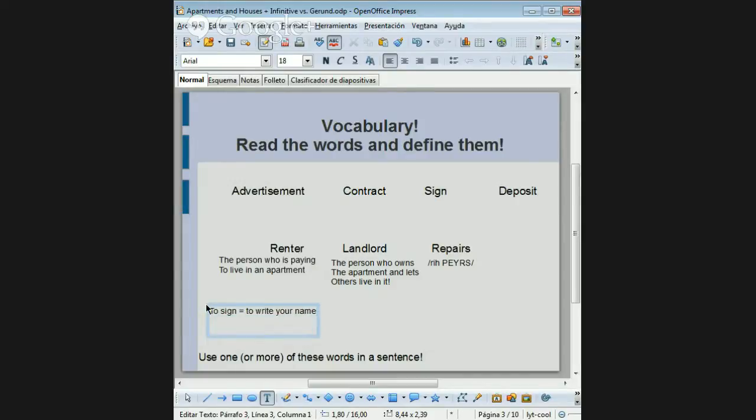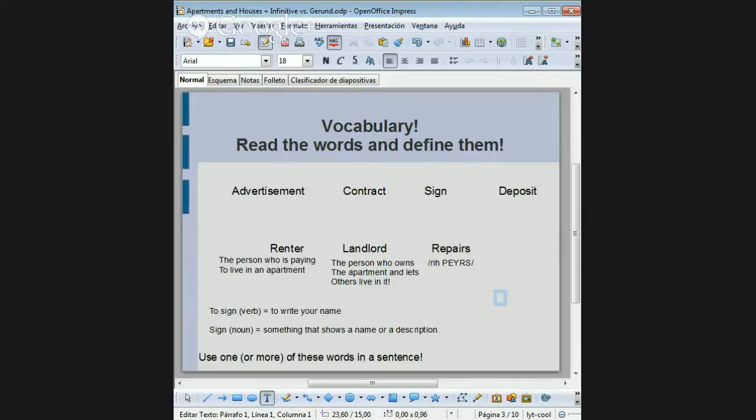And then a sign, which would be a noun, would be something that shows a name or a description. A McDonald's sign is just the golden arches. A sign outside of McDonald's lets you know that it's there. So there's the verb and the noun. Does that make sense, the difference? Okay.